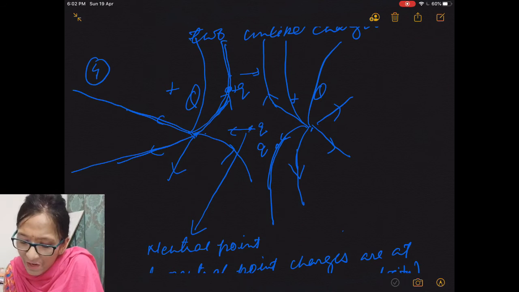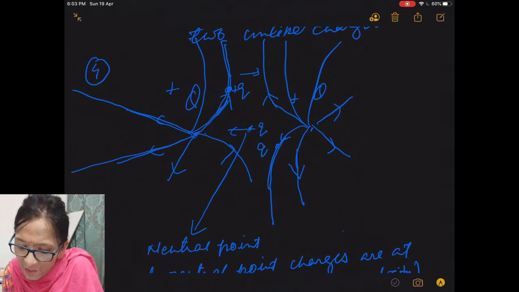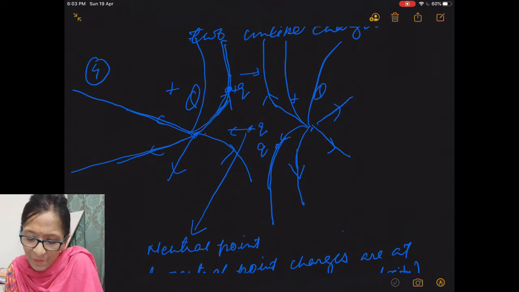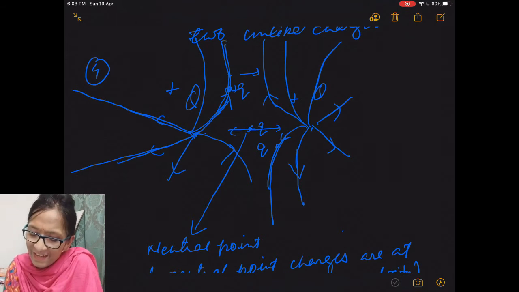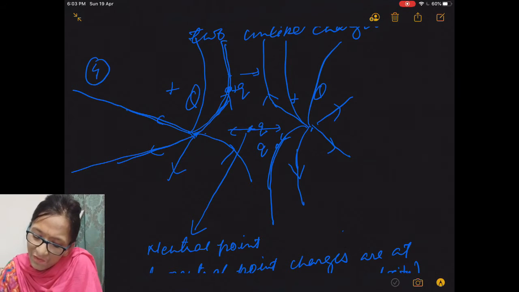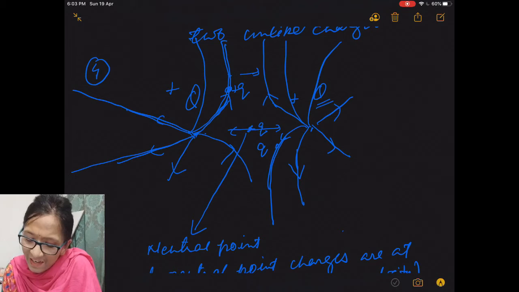So the charge will be again restored to its initial position in this direction. Now what will happen when a force is applied in this direction? Will it start flying off, or some force is there which will restore it again over here?